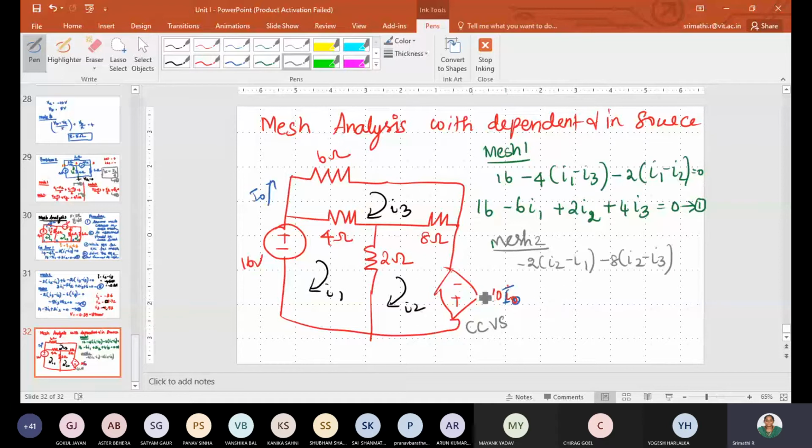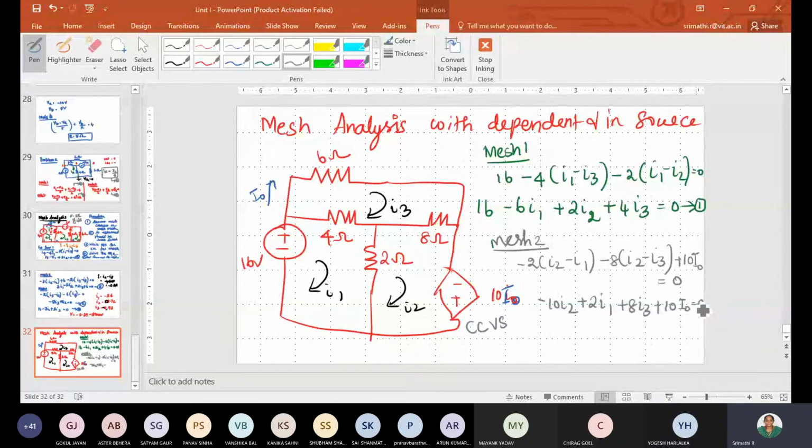So this is a voltage source. It's a potential rise, so plus 10 I0 equal to 0. So minus 2I2 plus 2I1, minus 8I2 plus 8I3, plus 10 I0 is equal to 0.